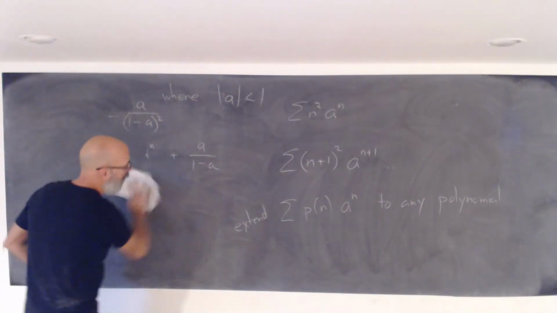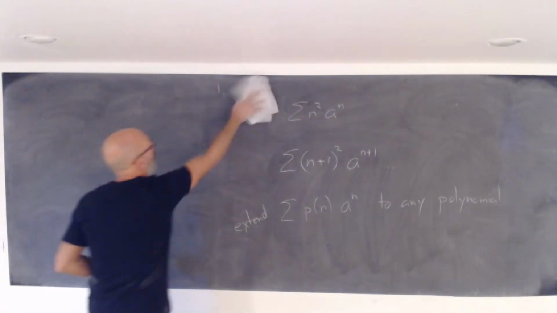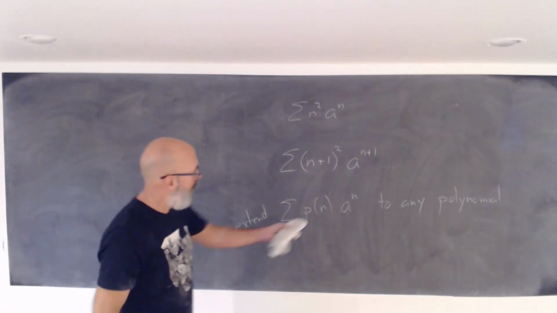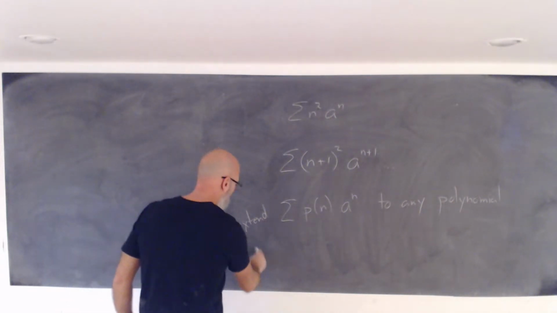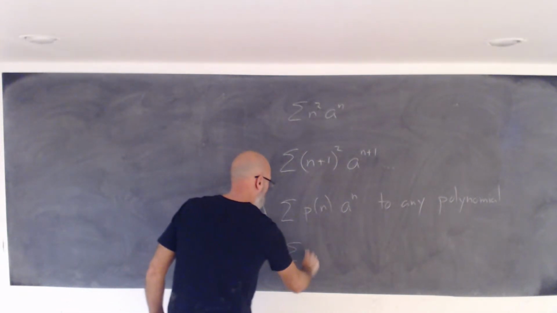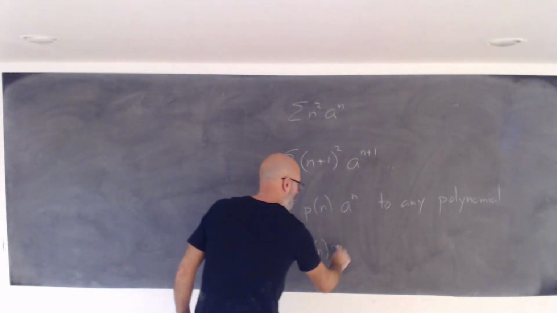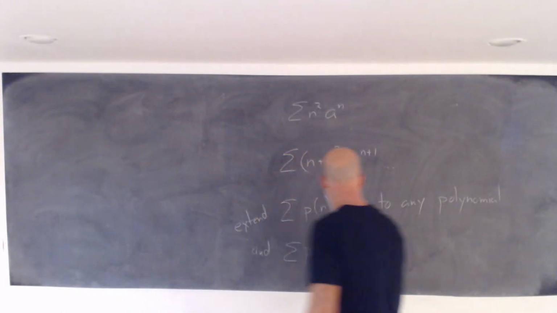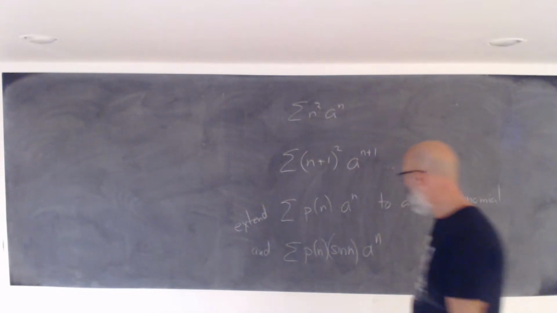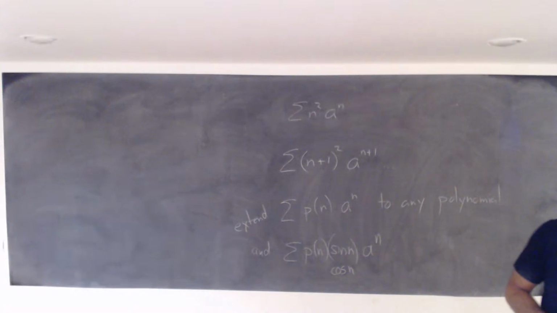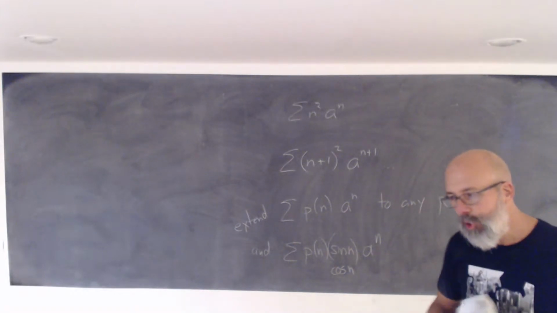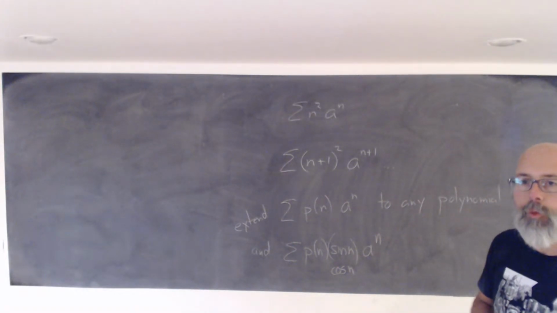Perhaps I should mention that not only can you extend it to polynomials, you can throw in sines and cosines here, or cosine. A small adaptation is going to work.